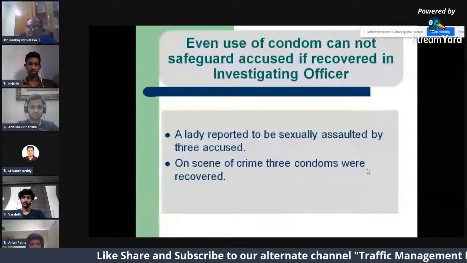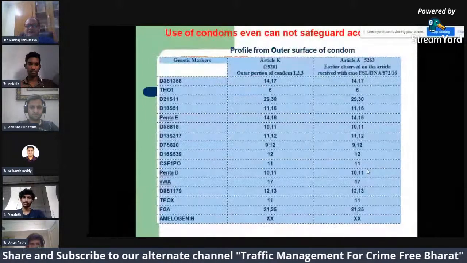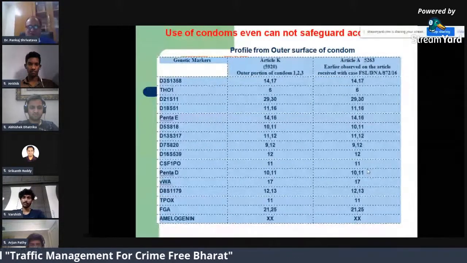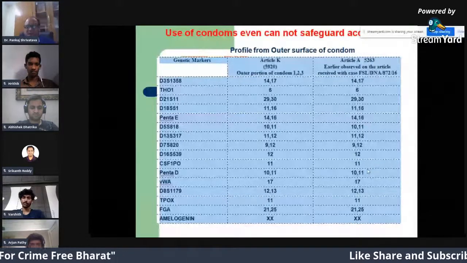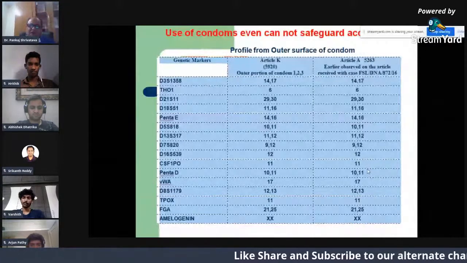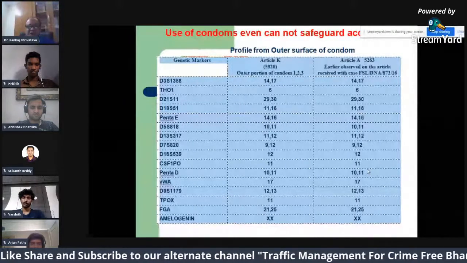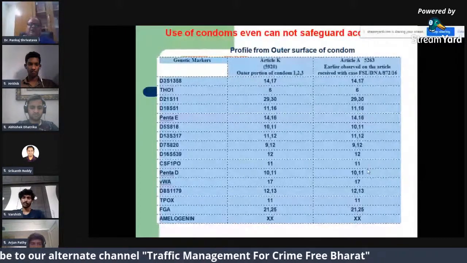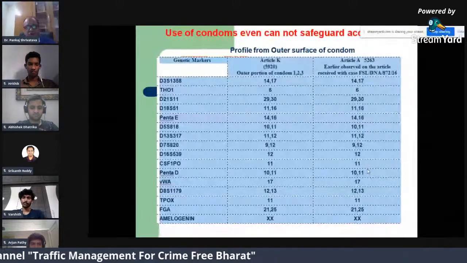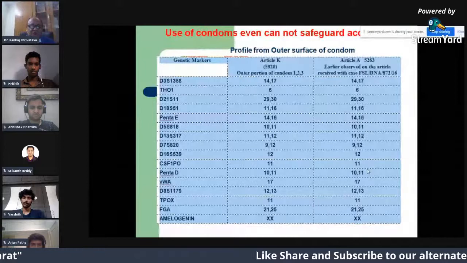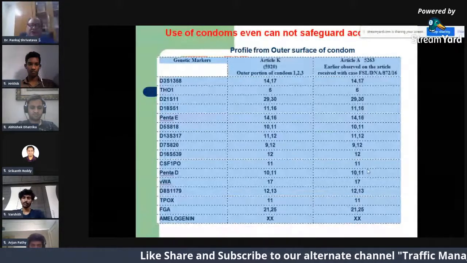Now you see, what should we expect when we examine a condom? The condom is used on the penis. From the outer part, you expect the DNA profile of the female with whom the sex was done, and from the inner portion, as there was ejaculate, it will give you a DNA profile of the male.